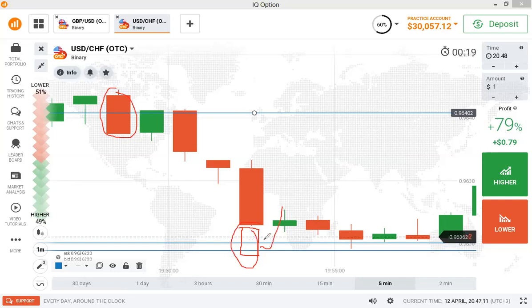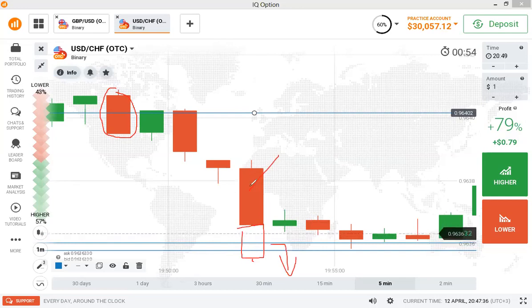It crosses it. But if it is not a Marubozu candle, like this candle here, maybe it crossed it with a very small rejection below, buyers will not enter. Sellers will still continue.